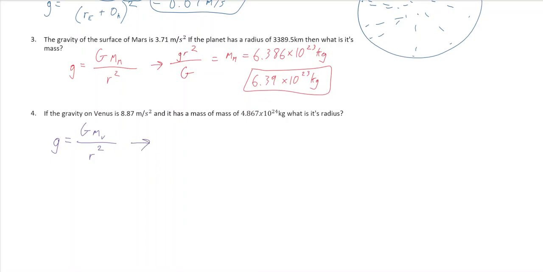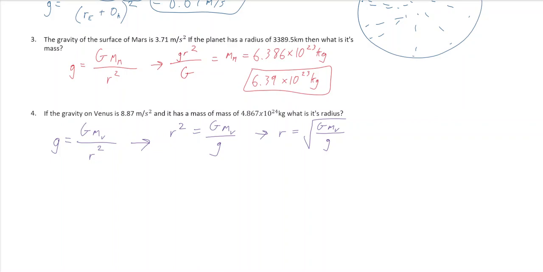Anyways, let's multiply by r squared on both sides and divide by g on both sides, lowercase g. So we get this equation. Then we're going to square root both sides. So r equals the square root of capital G mv over lowercase g. So there is our formula.